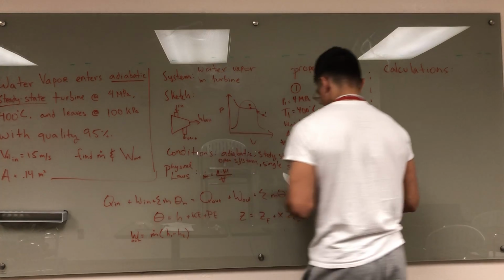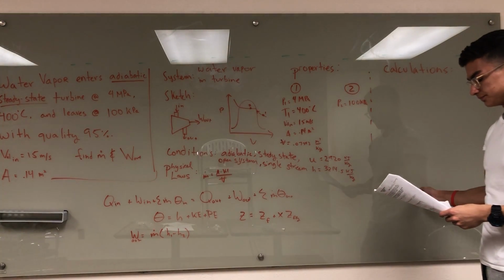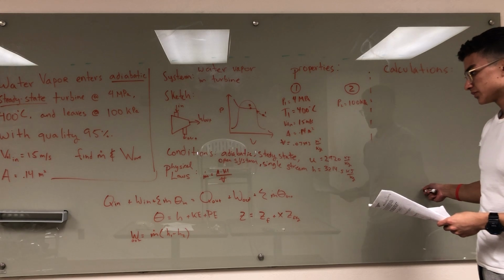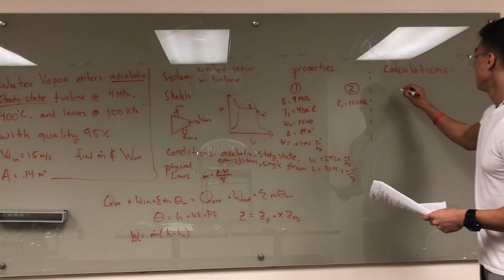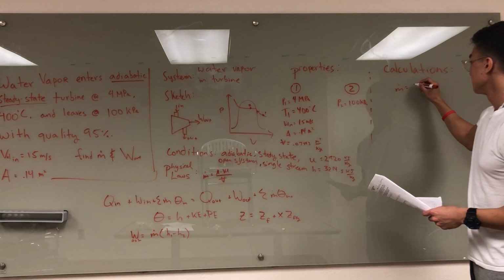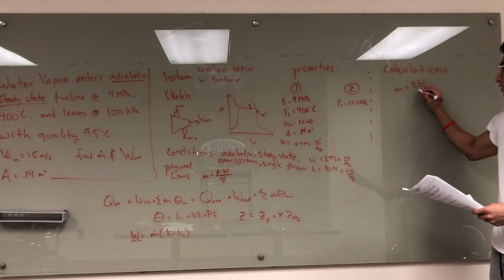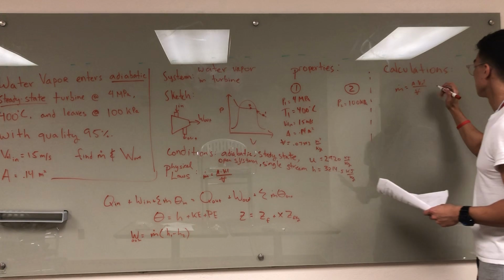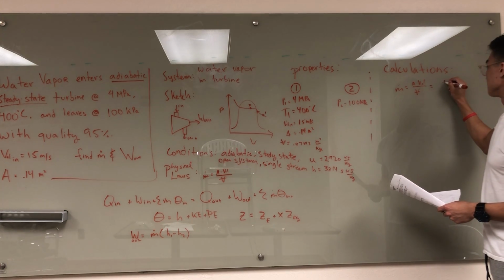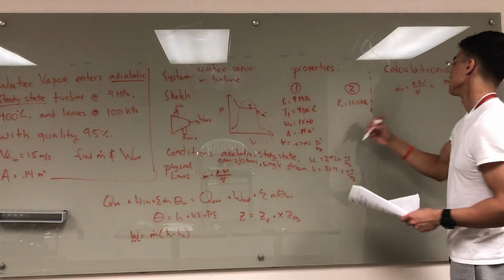So with this, let's just try to plug stuff in now. Let's start off with, why not the mass flow rate? Let's do it. So m dot equals area times velocity over rho v, the specific volume. And let's see, are we given area? We are, so let's plug that in. It was 0.14, and make sure you get your units right. It has to be in meters.